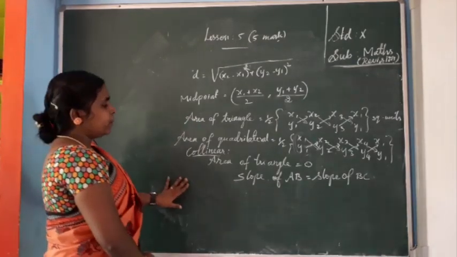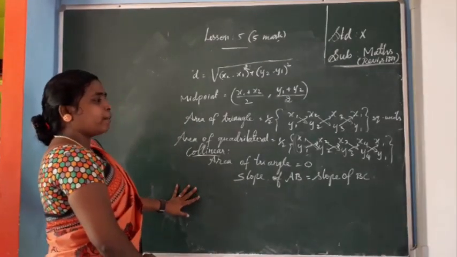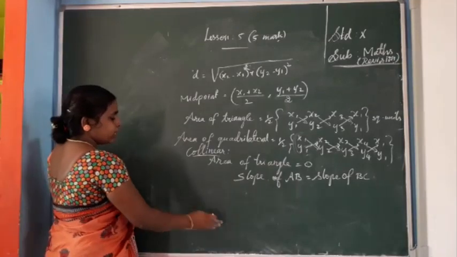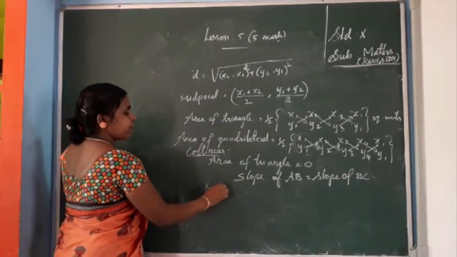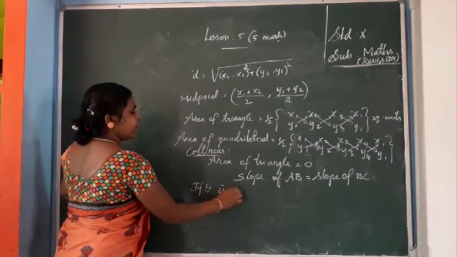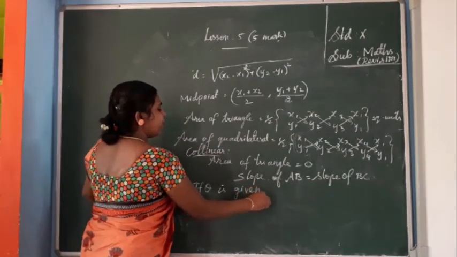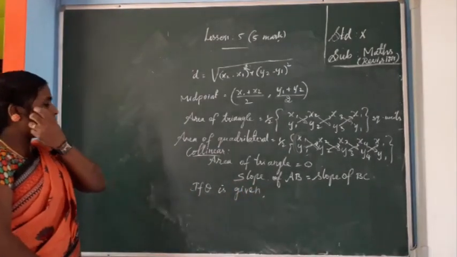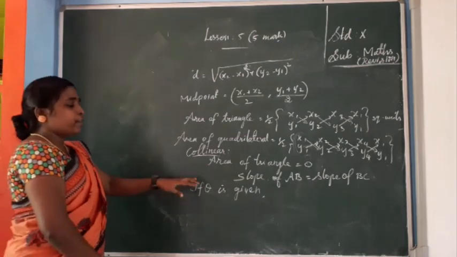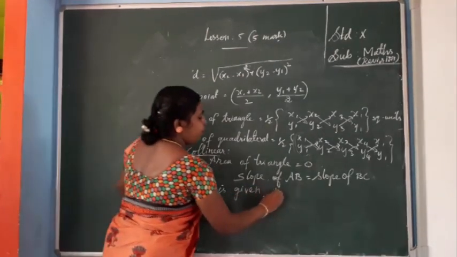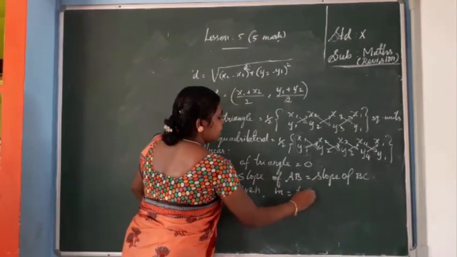Okay. So next, you want to know the slope formula. Suppose theta is given. Theta means angle of inclination. So if theta is given, slope formula is m equal to tan theta.